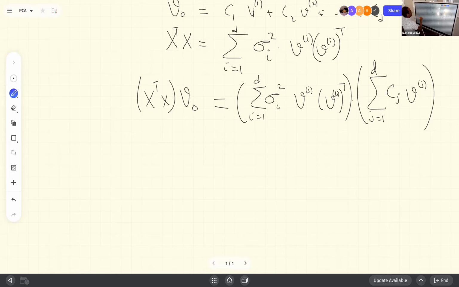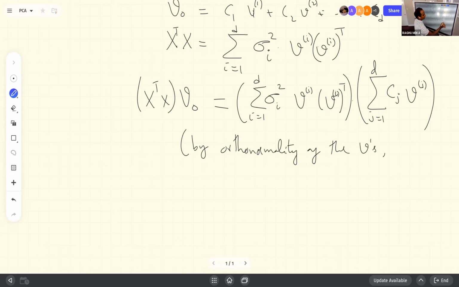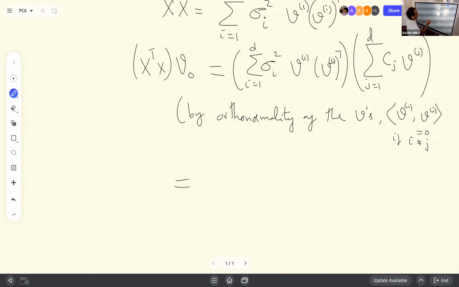So by orthonormality of the v's, the inner product of vi and vj equals 0 if i not equals j. Okay, so the expression then is just ci times sigma i squared times vi.